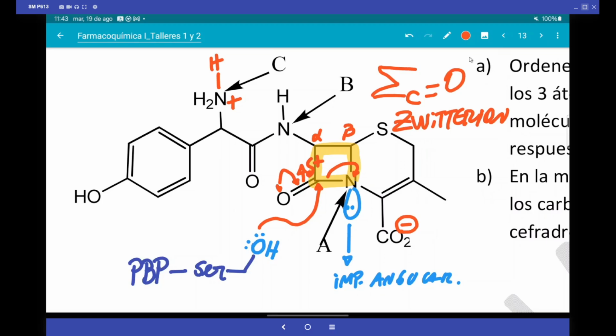Yes, of course, in general, zwitterions are not very well absorbed. They try to avoid them when one designs pharmaceuticals, so they seek to avoid them as a general rule.